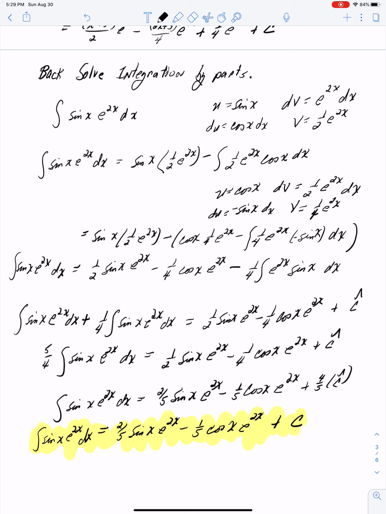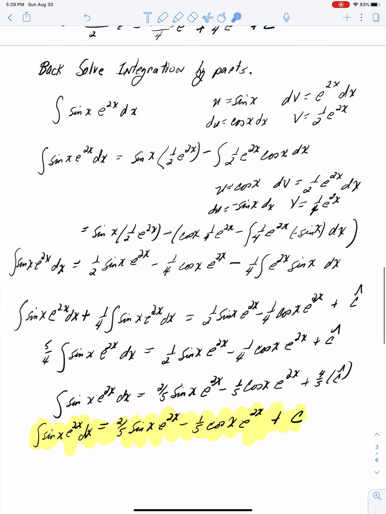Last time we had this integration by parts problem that we had to solve by back solving, which means we did integration by parts a couple of times. We ended up with the same integral we started with, modulo a different constant.